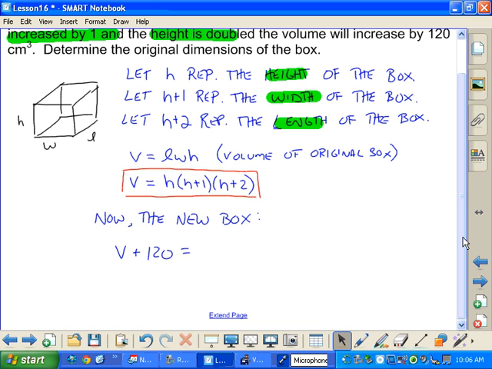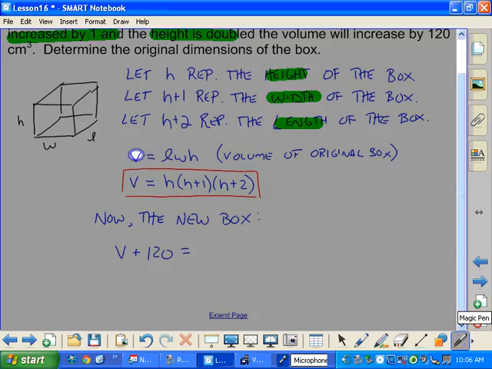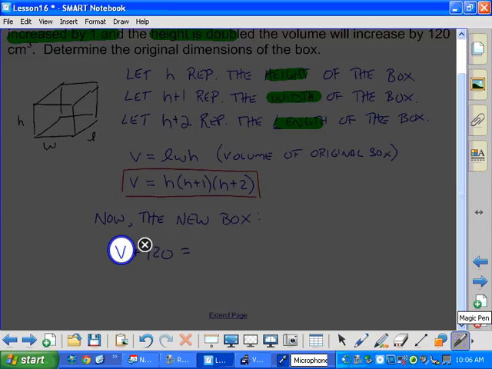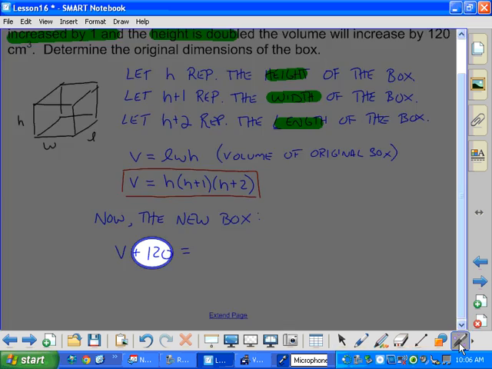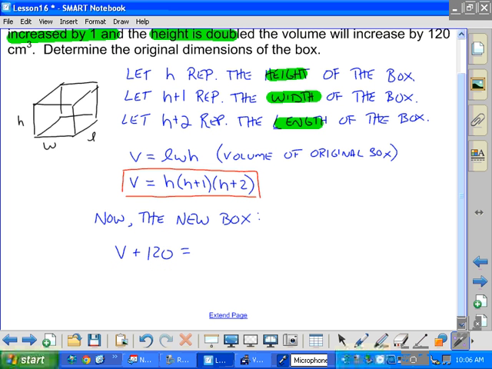That V comes from right here. V is the original volume. So it's the original volume, and we're going to add 120 cubic centimeters, and that will give us the formula now. The height got doubled, so now it's 2h, and both the length and width were increased by 1, so now it will be h plus 2 and h plus 3. So this is the volume of the new box.